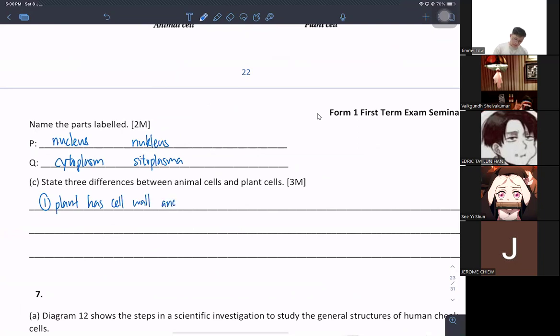Okay, and animal cell don't have. Okay, hold on, I write in short because writing in sentences is too time consuming already.